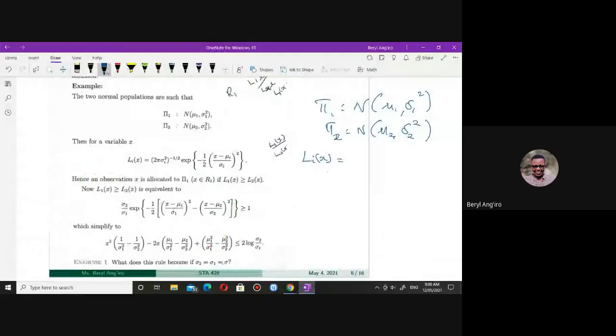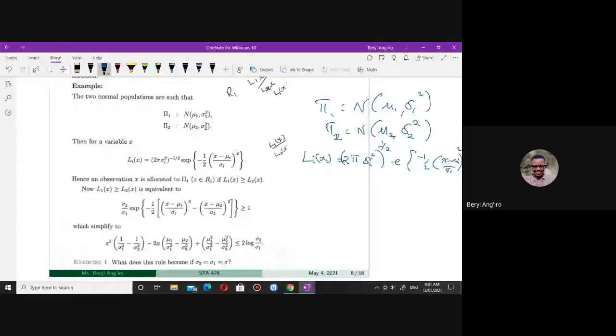So we are saying that the likelihood of x_i will then be (2 pi sigma_i squared) to the power negative 1 over 2, times the exponential of negative a half ((x minus mu_i) over sigma_i) squared. So this is for each of the x_i's.